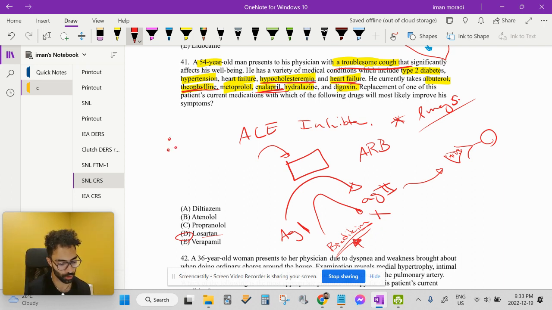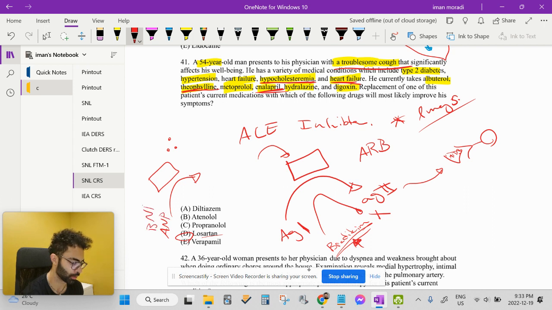I'm not going to mention it now, but there are also the nephrolysin inhibitors. Those drugs inhibit an enzyme that breaks down ANP and BNP, atrial natriuretic peptide and brain natriuretic peptide.